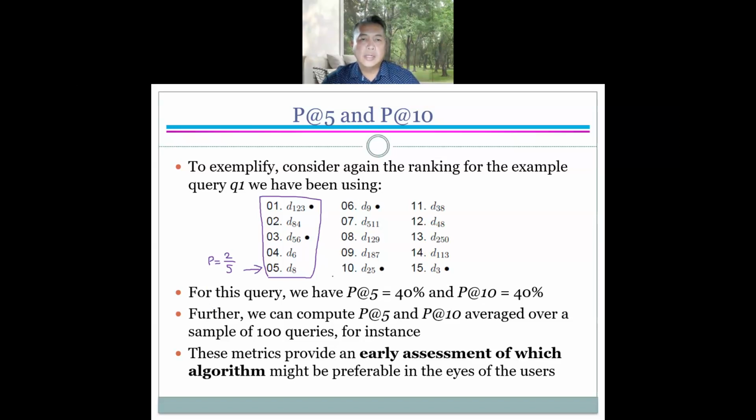If we look at here, the precision will be 40%, because out of 10 we have 4 relevant documents. So this is one way we can determine the quality of the information system at a particular point of your retrieved documents.